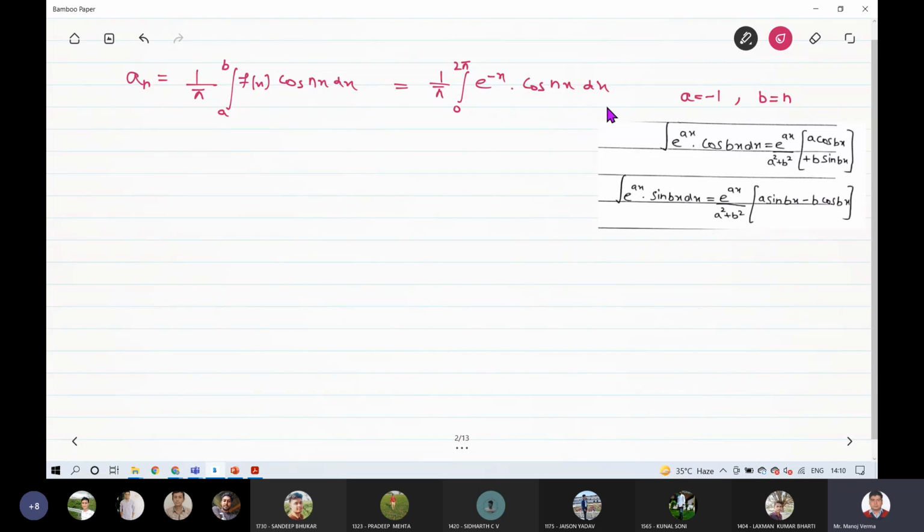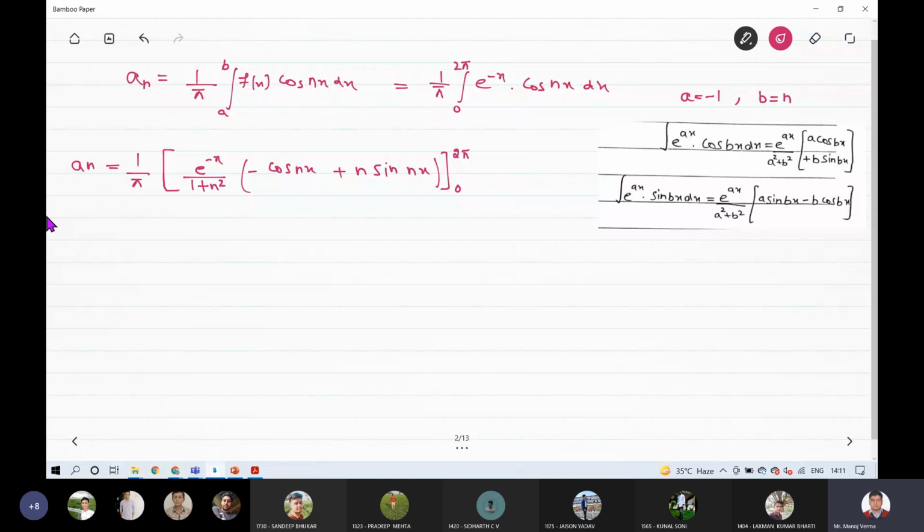So if I solve the integral with the help of this formula, what I will get is a_n equal to 1 over pi, e raised to the power minus x over 1 plus n square, into minus cos nx plus n sin nx, in the limits 0 to 2 pi.